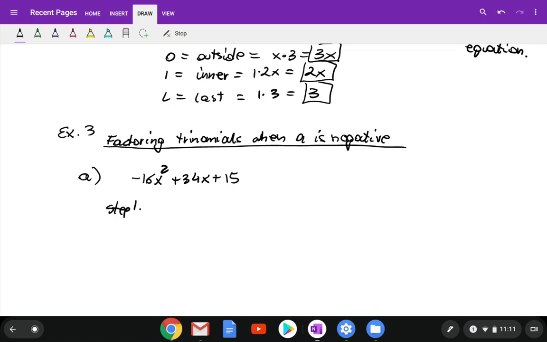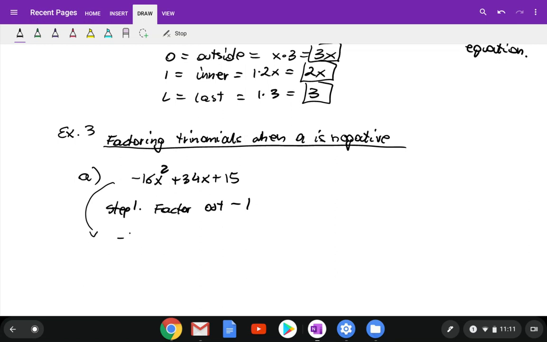Step 1, factor out negative 1 before using the AC method. Okay, so we're going to rewrite this.